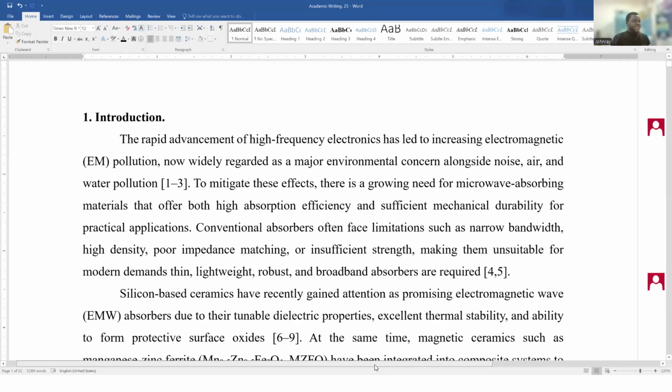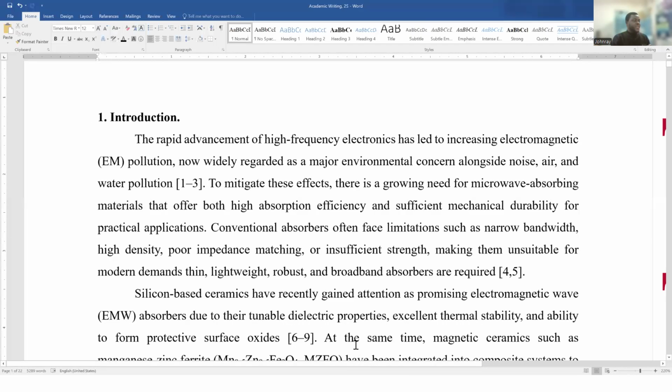If we can see from the first paragraph of this introduction which I've projected, can we see the screen? Yes. Oh, okay, thank you so much.